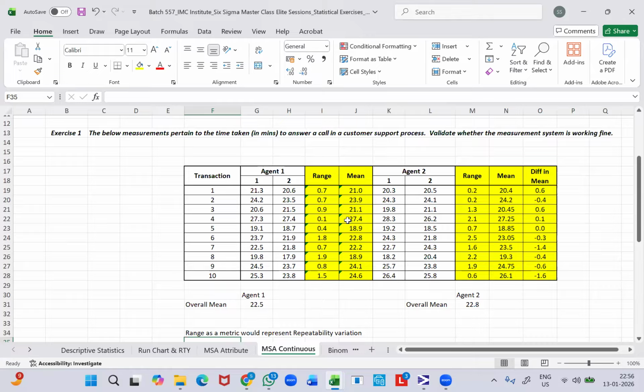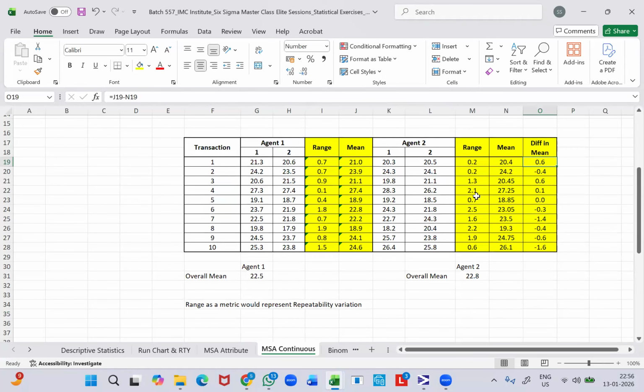So mean values for each transaction. Mean is nothing but the average of these measurement values provided by an agent for a particular transaction. And I've also calculated the differences in mean. So when we have differences in the average of the measurement values provided by multiple agents, then that variation would be referred to as reproducibility variation, right?